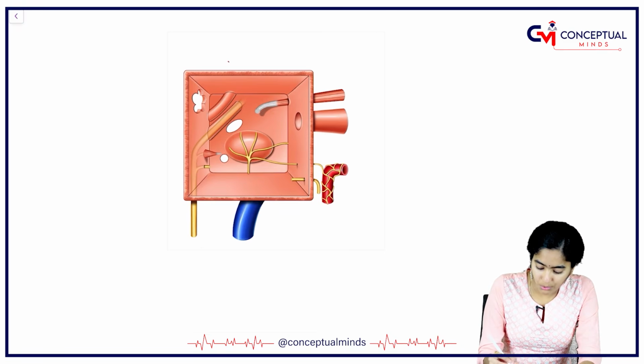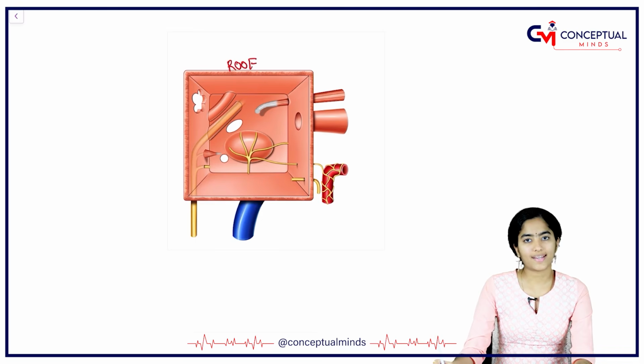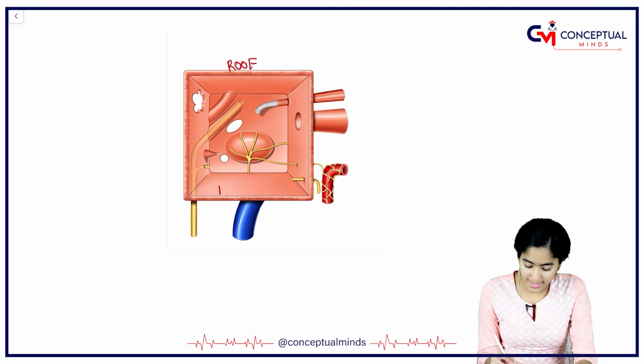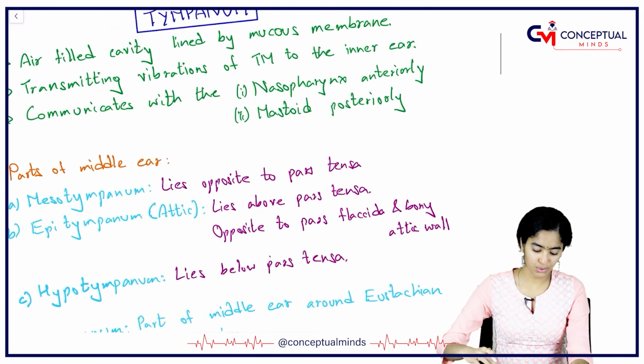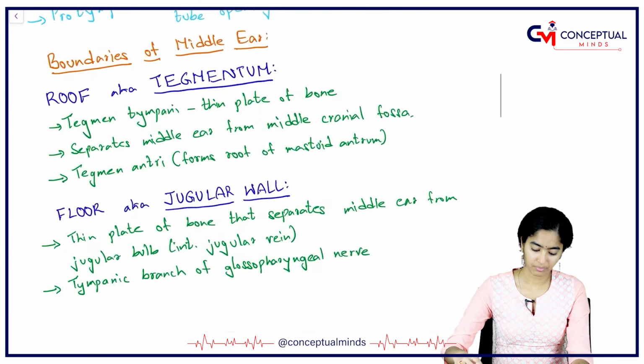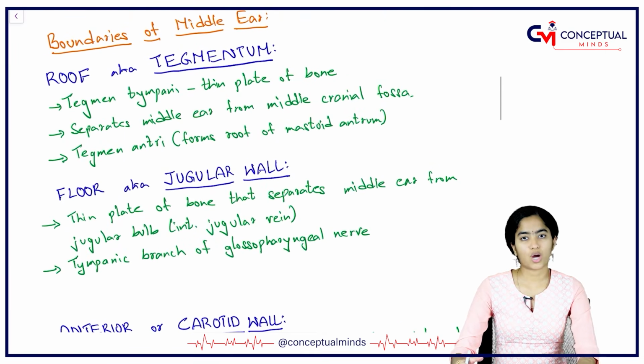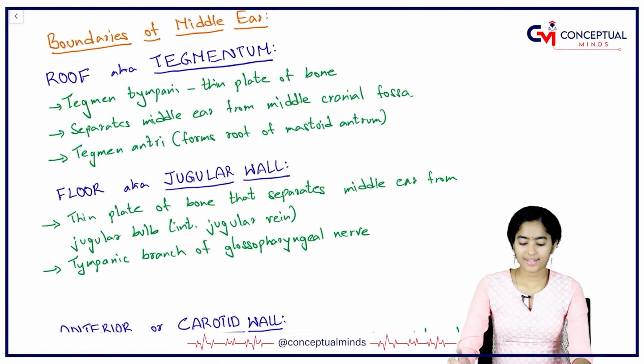So this is the roof, also called tegmen, and this is the floor, also called jugular wall. Let us see what are the important points in the roof. The roof is called tegmen tympani and it separates middle ear from middle cranial fossa.